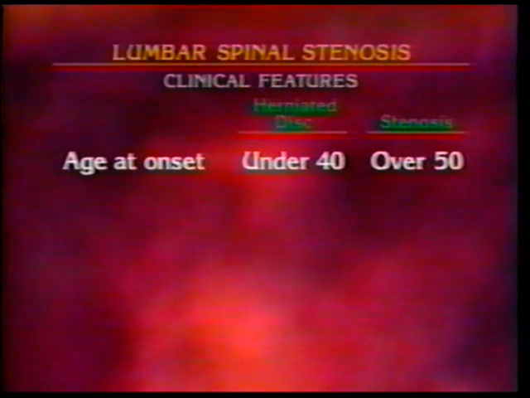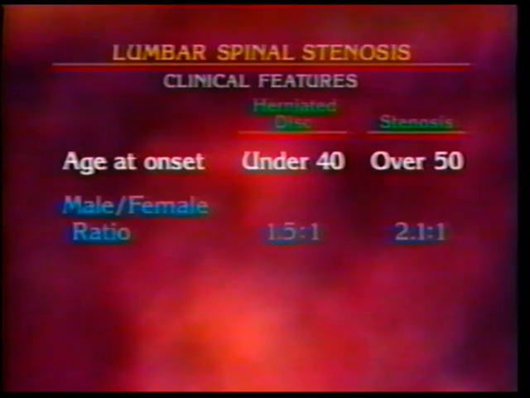What are the clinical features of lumbar spinal stenosis, and how do they differ from the patient with herniated intervertebral disc, which is the most common alternate diagnosis in patients that present to us with back pain and leg pain? First is age of onset. Herniated discs generally present prior to the age of 40, and the patient with lumbar stenosis becomes symptomatic usually over the age of 50.